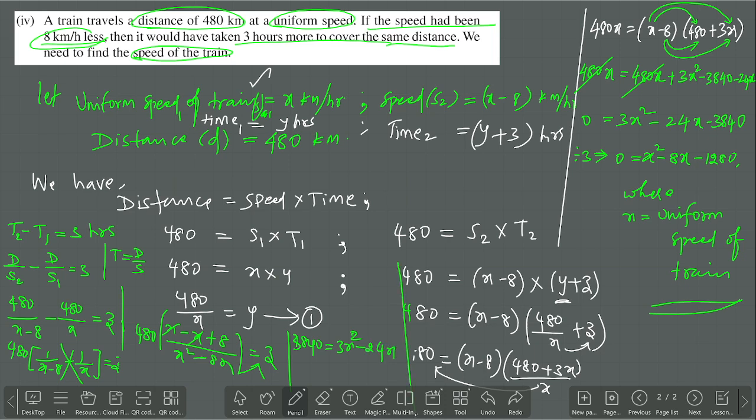When we divide by 3 on both sides, we can get that answer. Am I right? Then divide by 3 on both sides, what will you get? 1,280, which is equal to x square minus 8x. When you send this to the opposite side, you will get that step.